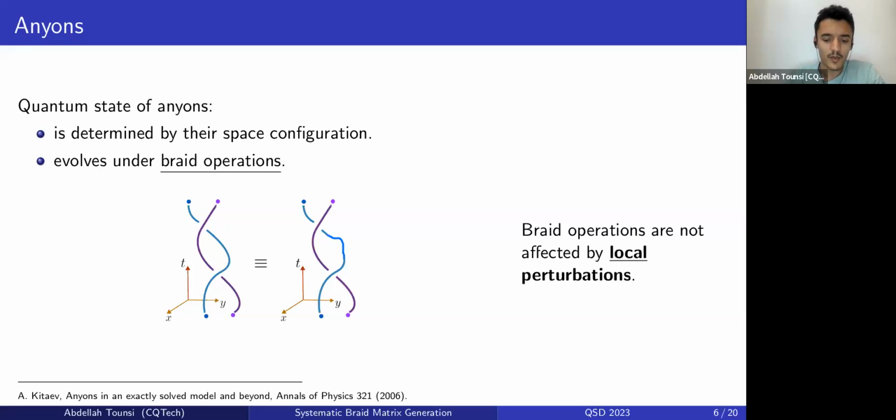Exchanging two particles in two dimensions is equivalent to braids in space-time. As we see in the figure, since we are interested in statistics, we don't mind the geometry, just the topology. So the topology of braids is immune to local disturbances. This idea led Kitaev to propose such systems to process quantum information.